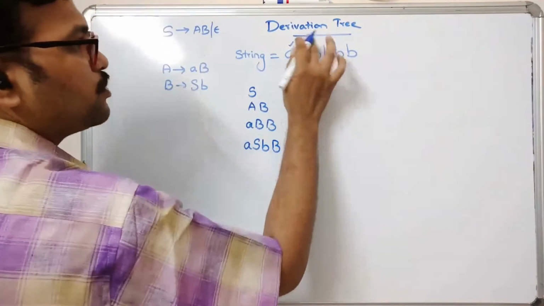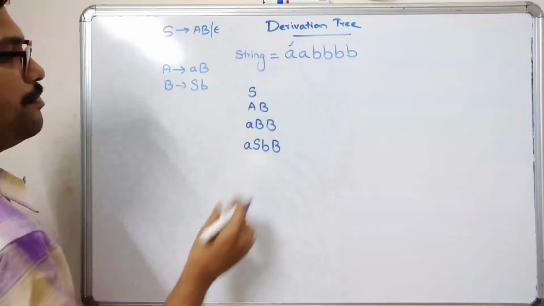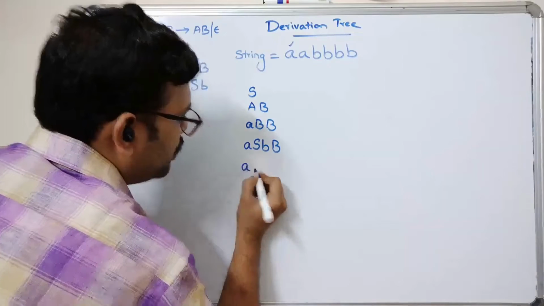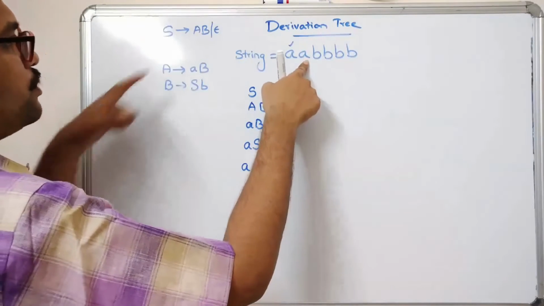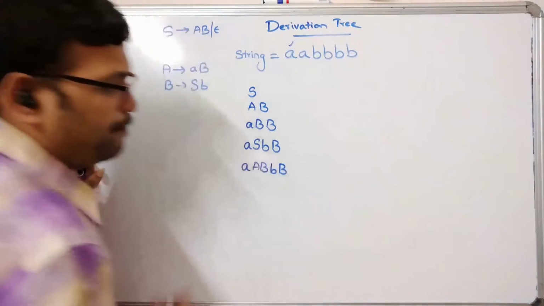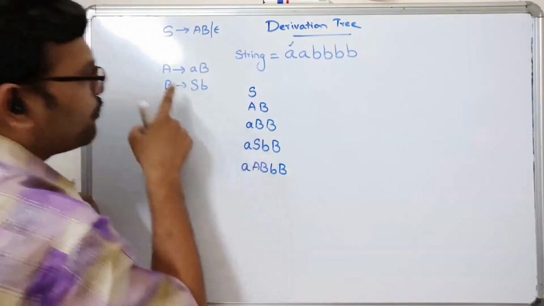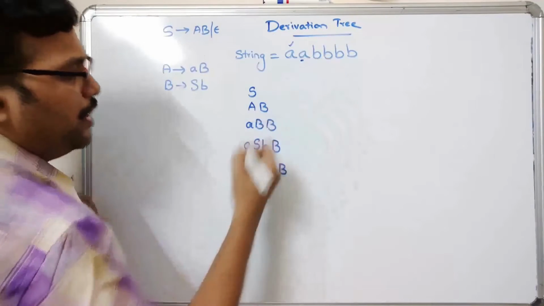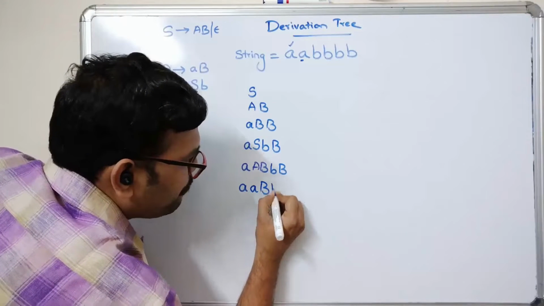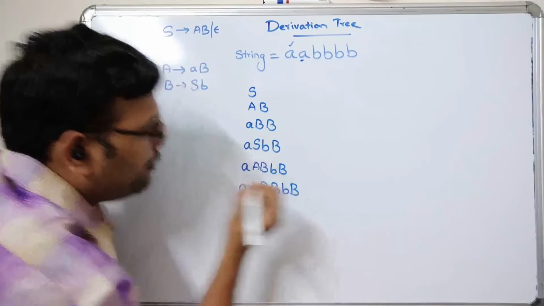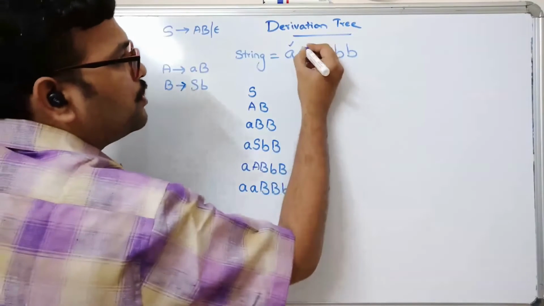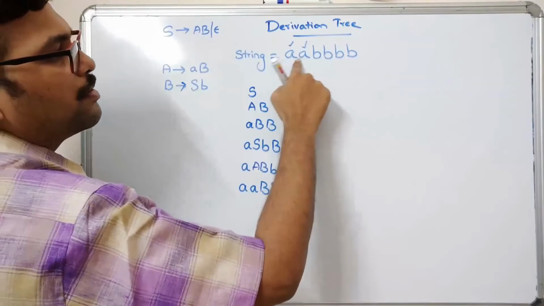So now this A is, sorry, S, A, S, B, right? And again, if you want to get a, we need to apply S as A, B, B, B. And again, instead of A, we can write A, B, B, B and B. Now you can observe here, two a's have been achieved.